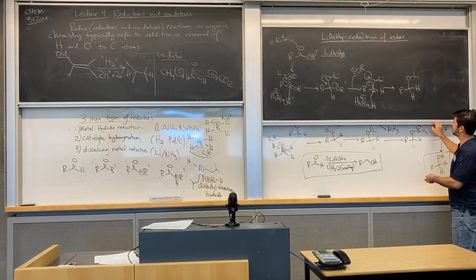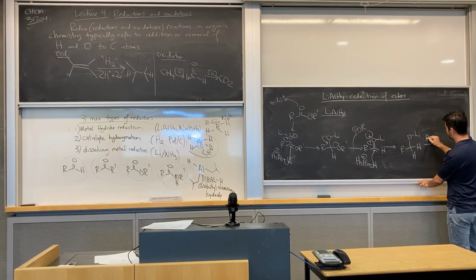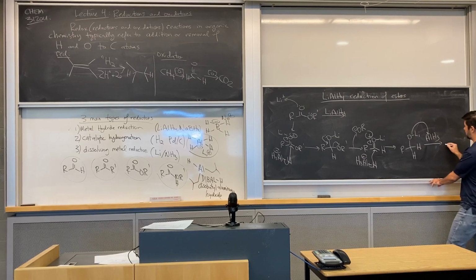So let's do exactly that. We're going to have AlH3 in solution. So we're going to transfer that to the oxygen. Aluminum is negatively charged. This sits around for a little bit until you quench a reaction.